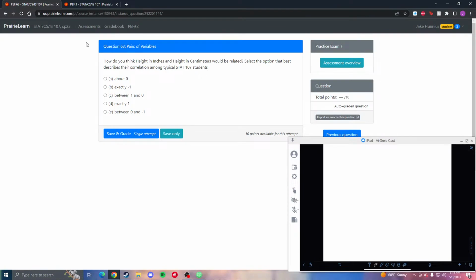Pairs of variables. Oh, yeah, this one that we're on right now. Perfect timing. So for this case, it's asking for height in inches and height in centimeters. Well, it's both height. The only thing that differs is the units. So we know that they're going to be directly correlated because they're the same variables. Because if you had 1, 2, 3, 4, 5, 6, and then you essentially manipulated all those rows to be times 2, you'd have 2, 4, 6, 8, 10, 12.